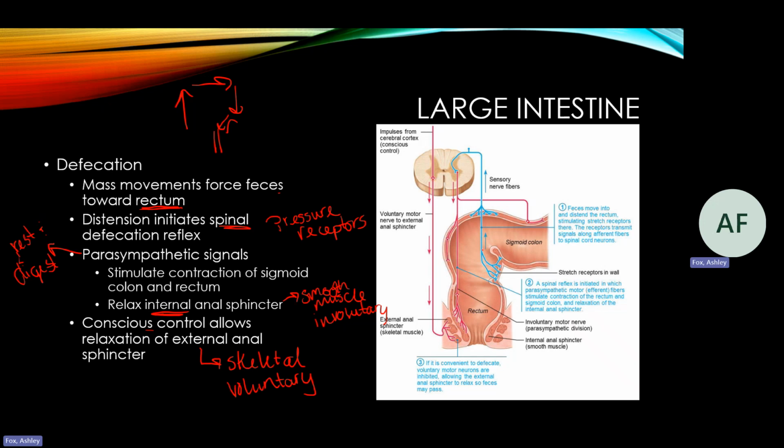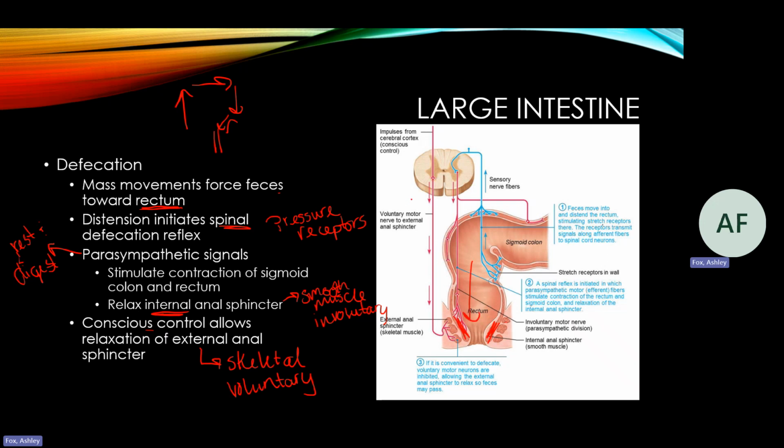So you can see sensory nerve fibers, afferent nerve fibers, go to the spinal cord. Because you're feeling stretch receptors, feces moving into the sigmoid colon stimulate stretch receptors. That is going to show a reflex to the spinal cord and come down, and you're going to have the relaxation of the internal anal sphincter, and that's going to have feces come down.